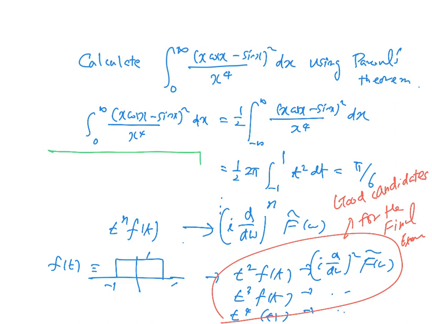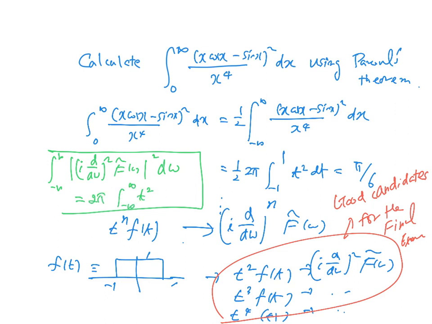So the final result is something like this, right? The square, d omega, same as 2 pi times the integral of t squared f(t) squared dt. Or t to the n, so n equals 0, 1, 2, 3, 4.